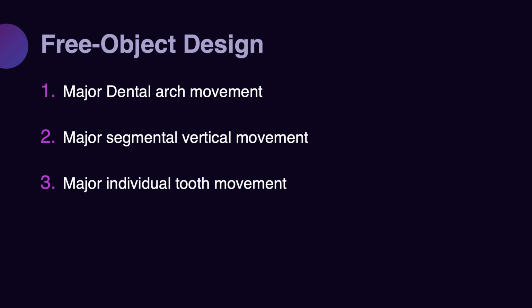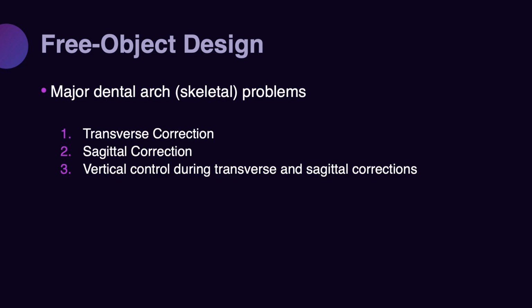So from the major target point of view, we have dental arch or a segment. You are starting with a dental arch. Does your patient have any dental arch problems that you need to address separately as major movements? These problems can be divided to transverse problem, sagittal problem, and vertical problem.